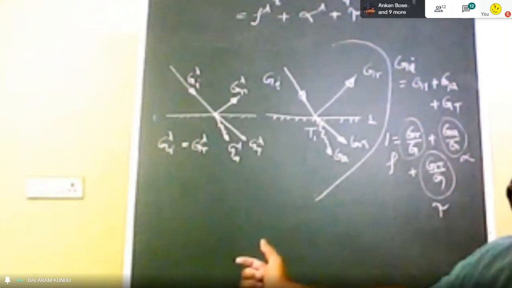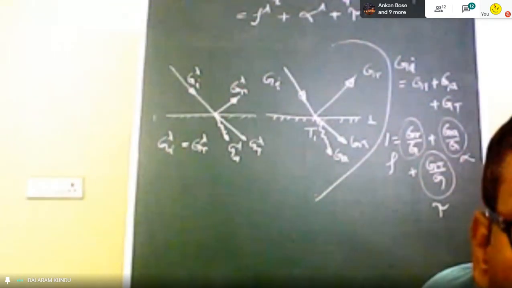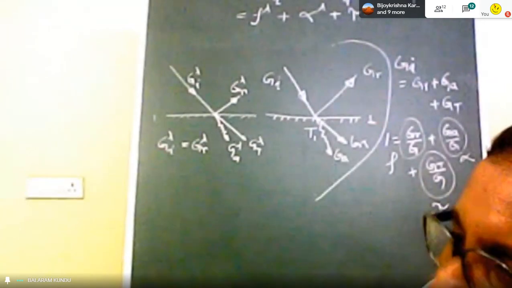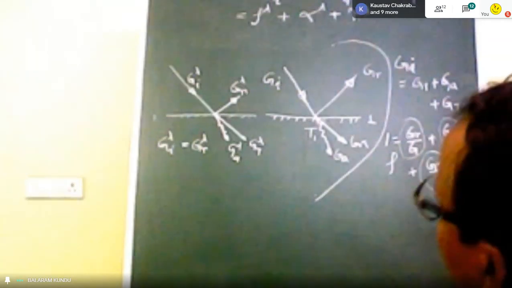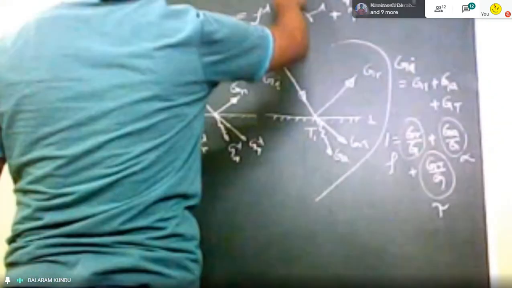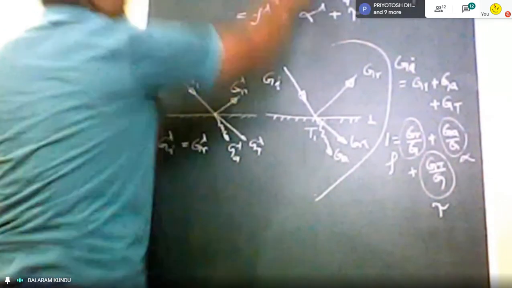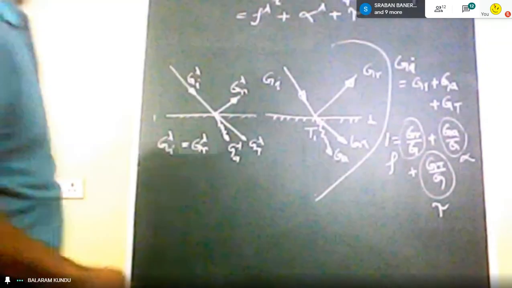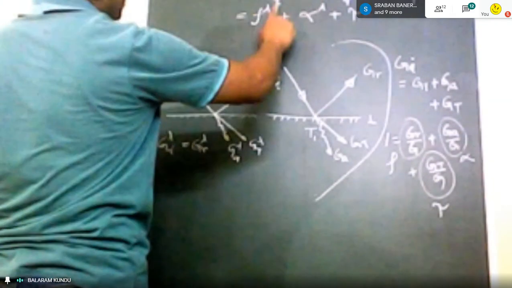Okay, clear? GR by GI means reflectivity. We consider just lambda, the incident flux for wavelength lambda, then GR superscript lambda divided by GI superscript lambda.